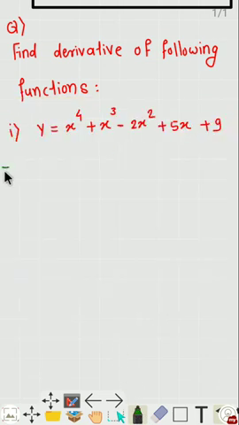The given function is an addition of how many functions? See here, 1, 2, 3, 4, 5 functions.